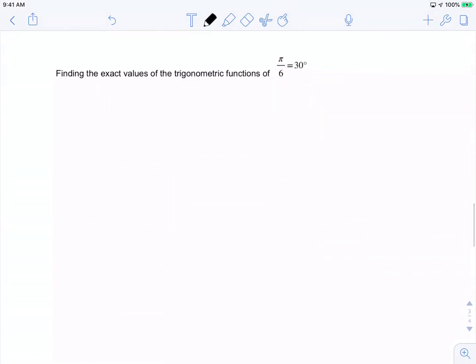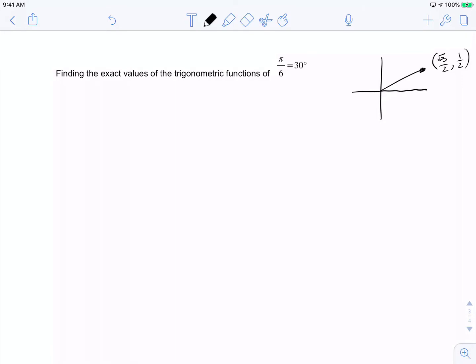Let's work out a problem where we're just given some information and we're going to find all of our solutions for the trigonometric functions. So if we look at 30 degrees or pi over 6, it's going to be this point here. And from the unit circle, we know that that's going to be radical 3 over 2, comma 1/2.